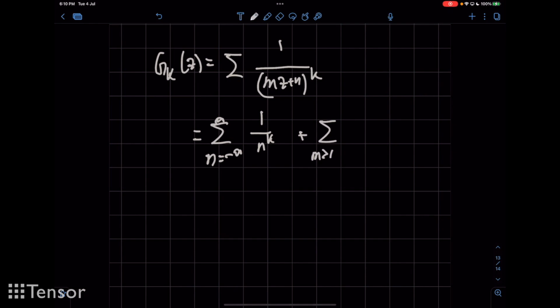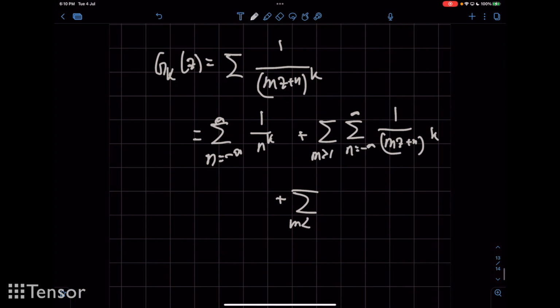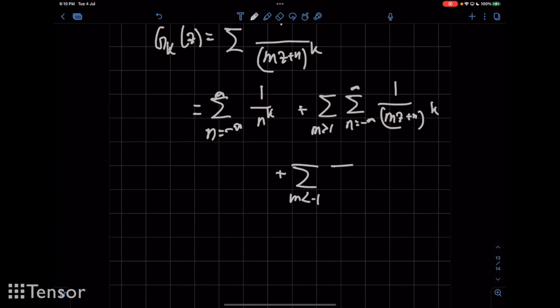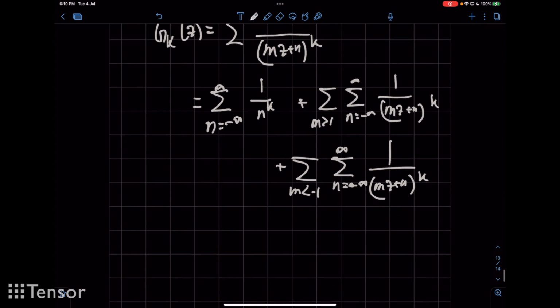Then the sum where m is positive, n being negative infinity to infinity, sum of 1 over (mz plus n) to the k, and the part where m is negative. Now notice the first term.